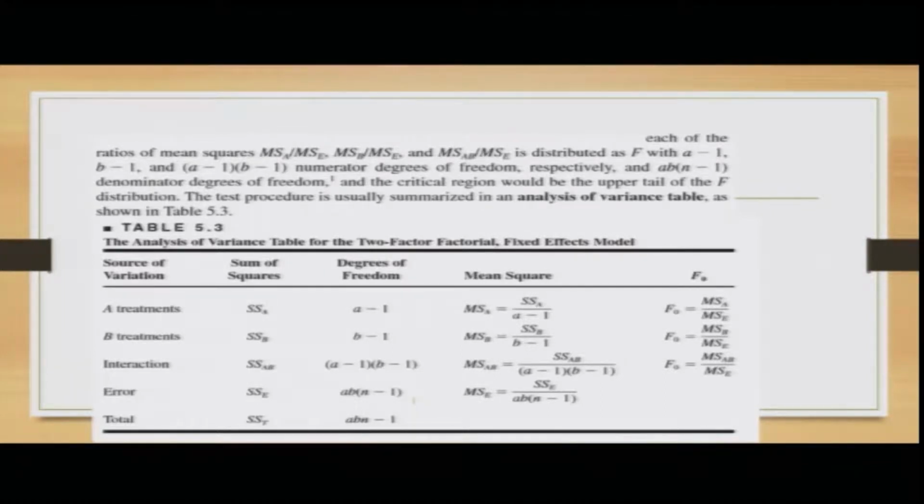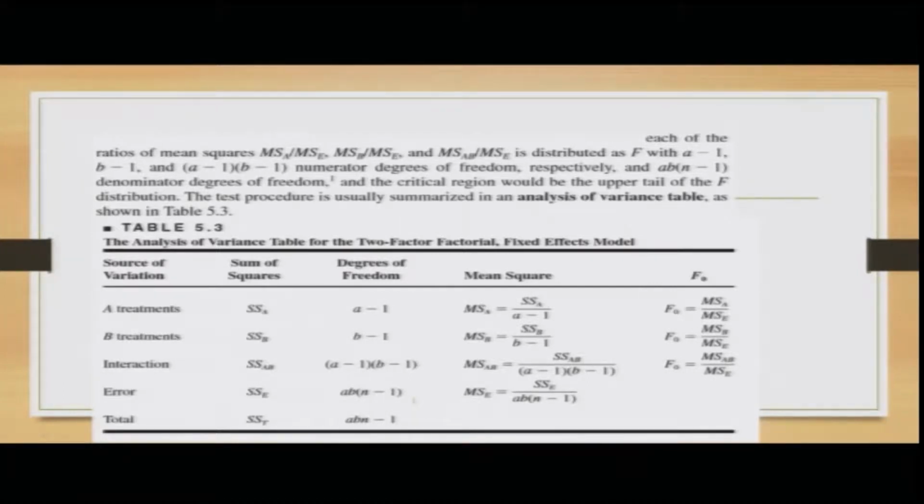This is what we just saw in the numerators. These values would be in the numerator to give the degrees of freedom. And the degrees of freedom for the error term, if you remember, I mentioned, would be small a into small b in the bracket n minus 1.